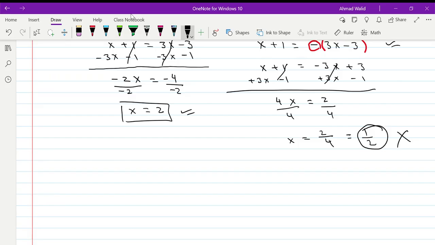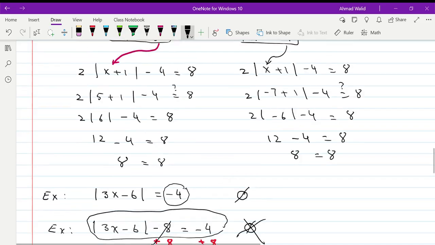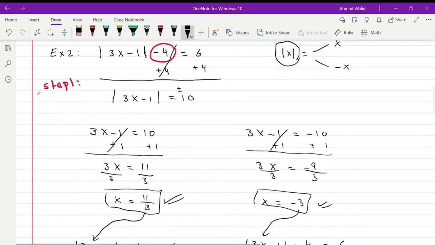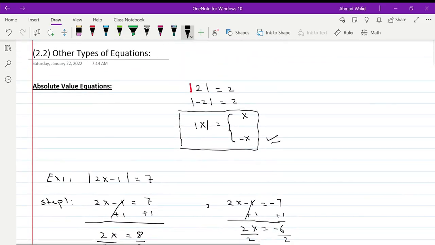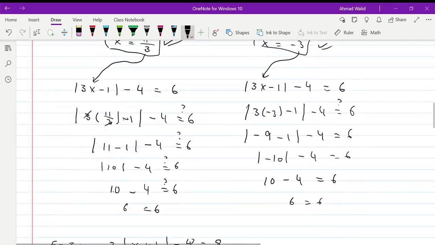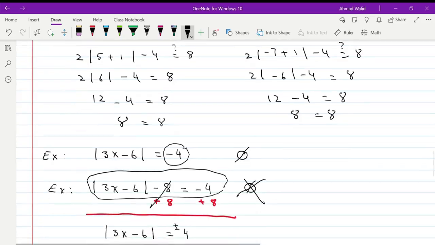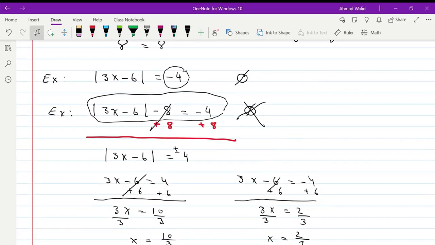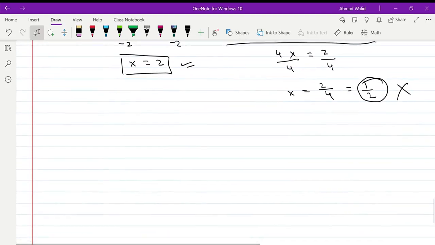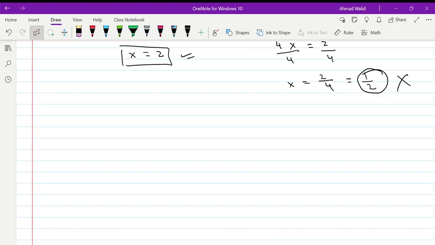This is how you deal with absolute value equations. I don't want to do another lecture at the same time here, talk about another type of equation. I'll stop the lecture, this video, and I'll make another video on solving equations using roots.